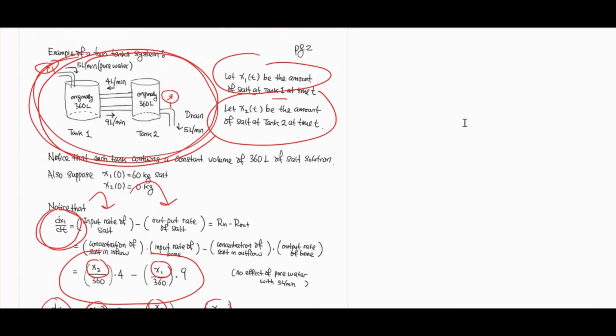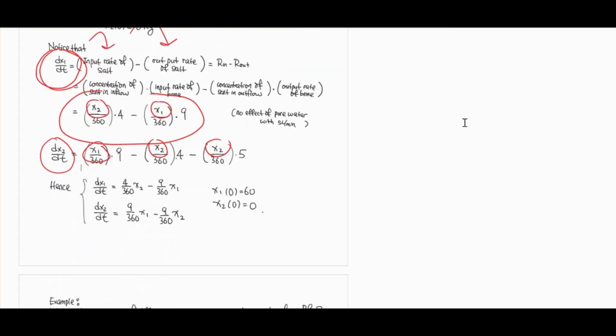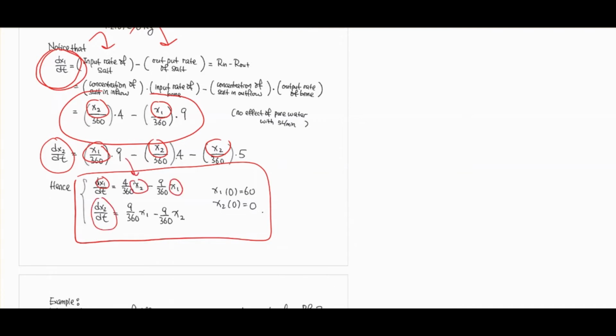In order to better describe this entire situation, we have to set up what we call a system of differential equations. Here you have x1, but you also have x2, and x2 is governed by a differential equation that is not only involving x2, it also involves x1, so they are coupled.